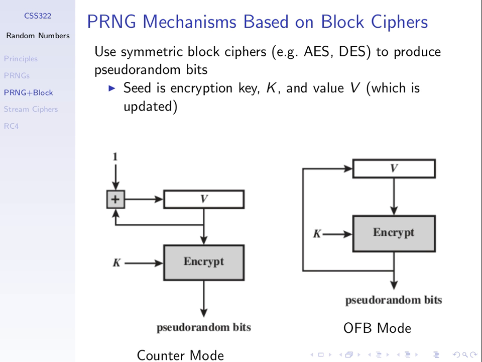What's the difference between using a block cipher and one of the previous algorithms? Anyone have an idea? Say using DES here as the encrypt operation compared to using Blum Blum Shub or the previous pseudo-random number generator. What's the difference?